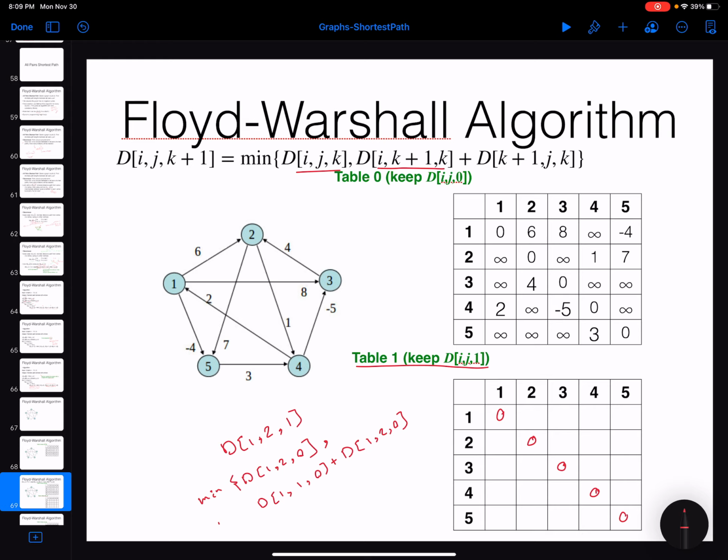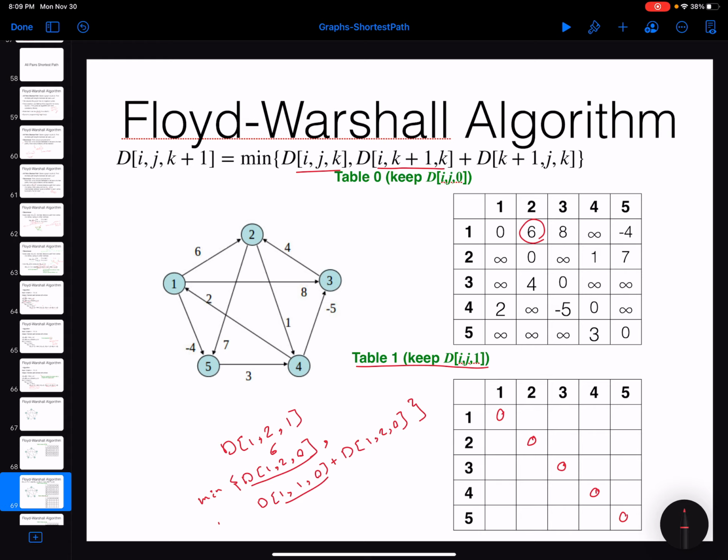So for this case you can see that there is some redundancy, but that's okay, the algorithm doesn't really care. The cost here is going to be 6, right, from this table.